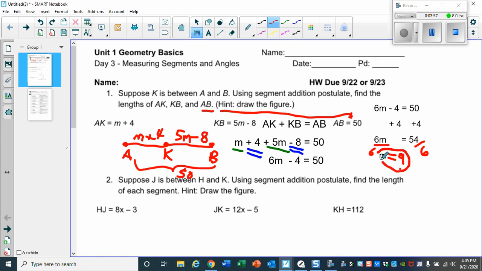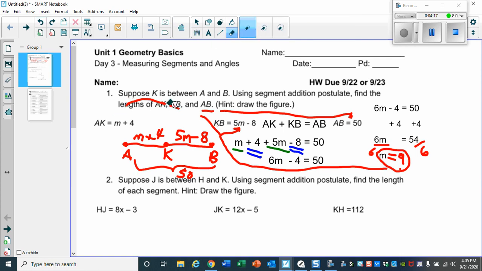After you combine like terms and solve for your variable, you're going to plug 9 into both m plus 4 and 5 times m minus 8, and you will get your results for both AK and KB.